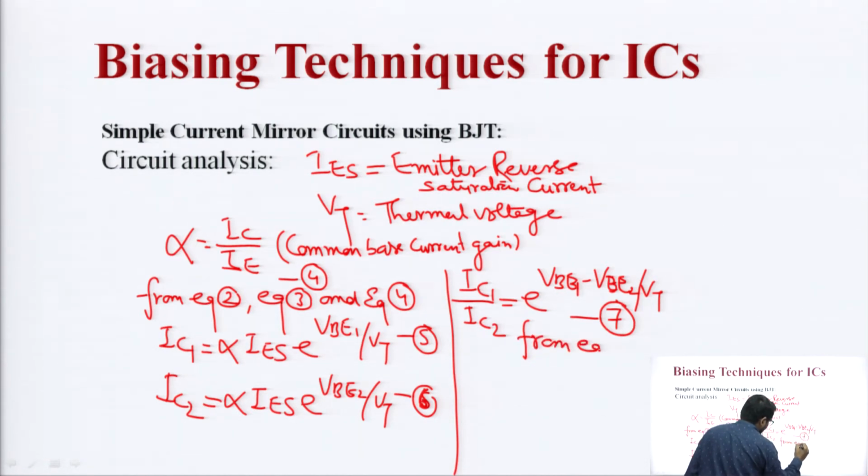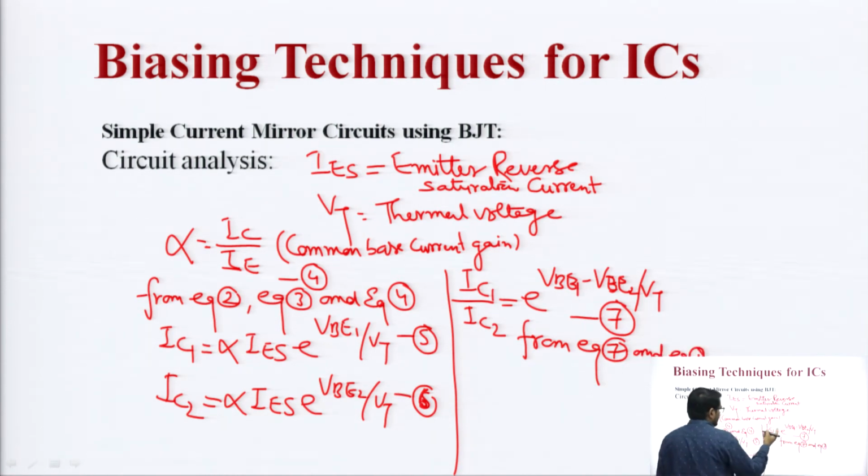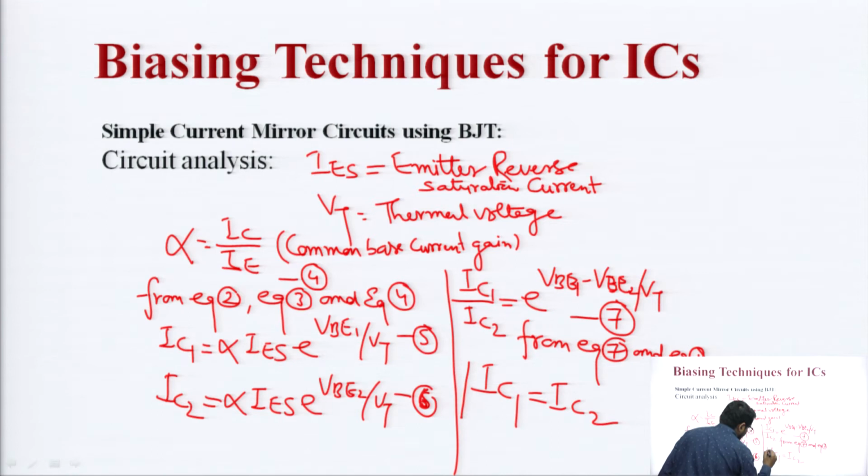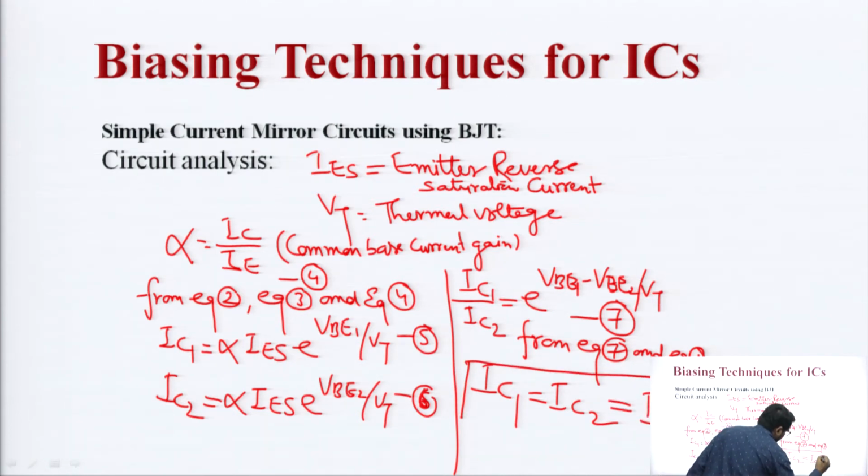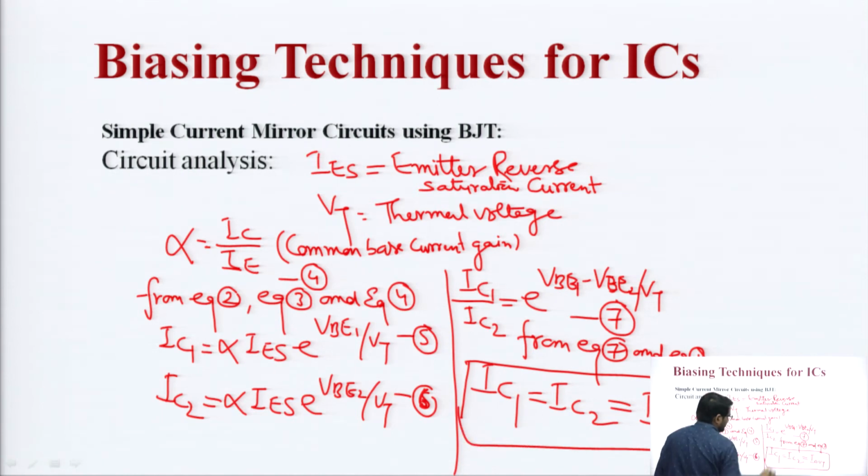From equation 7 and equation 1, VB1 equal to VB2, so this cancels out, e to the power 0 is 1. It means IC1 equal to IC2, and this IC2 is also I out. This is equation 8.